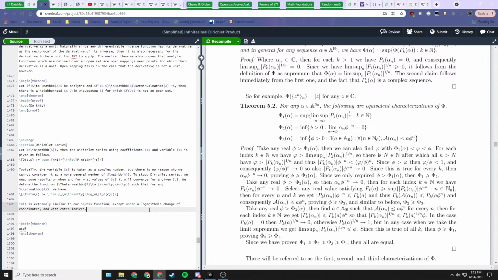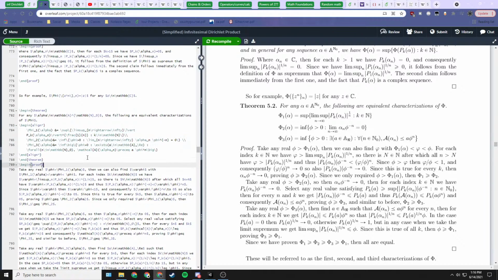Given this, we have the following equivalent characterizations, using very similar proofs. I can essentially just copy these and change the coordinates for all of them.